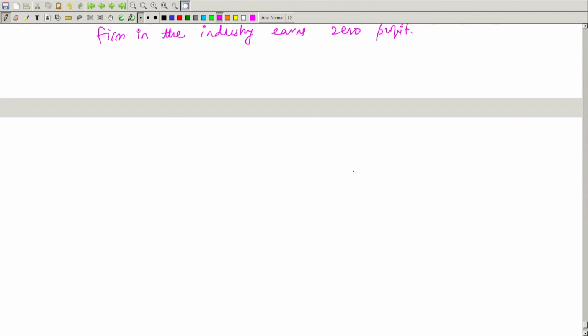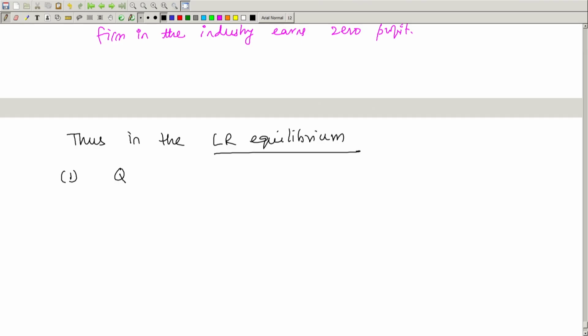So, unlike a short run equilibrium where the firms were earning positive profit, in the long run equilibrium we must have the following 3 things. The first thing is that in any equilibrium the quantity demanded is equal to quantity supplied. So, that is true here as well.